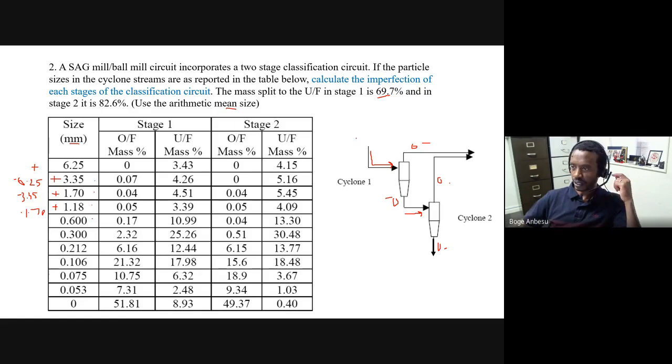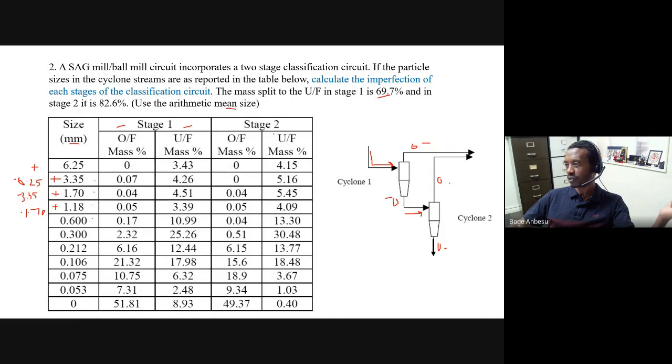So basically, if you start with 100 tons per hour, 69.7 goes to the underflow, and the remainder goes to the overflow. So we can actually calculate the actual masses in tons per hour, instead of percent.